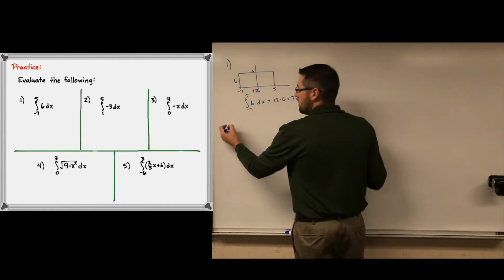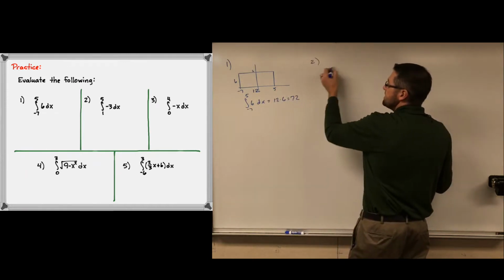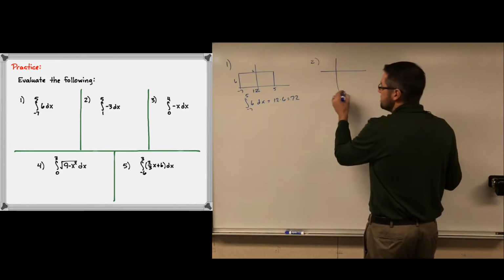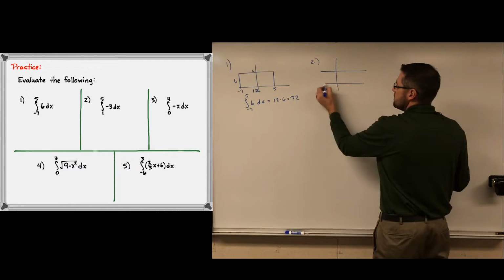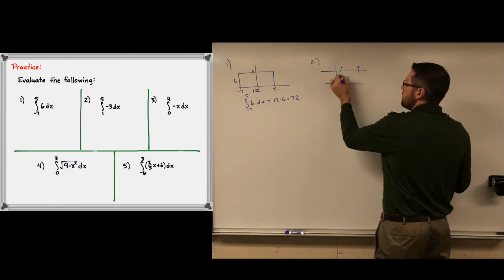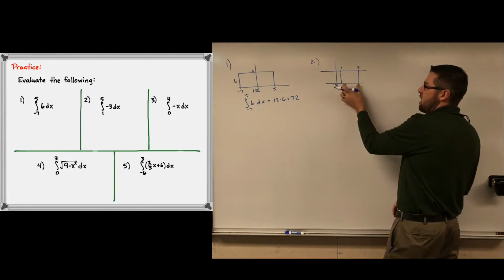Okay. Number 2, it's the same thing, but what do we notice? The function is below the axis, so -3 here. And we're going from 1 to 5. Again, we're going from the lower bound of 1 to the upper bound of 5, so how wide is that? 4.